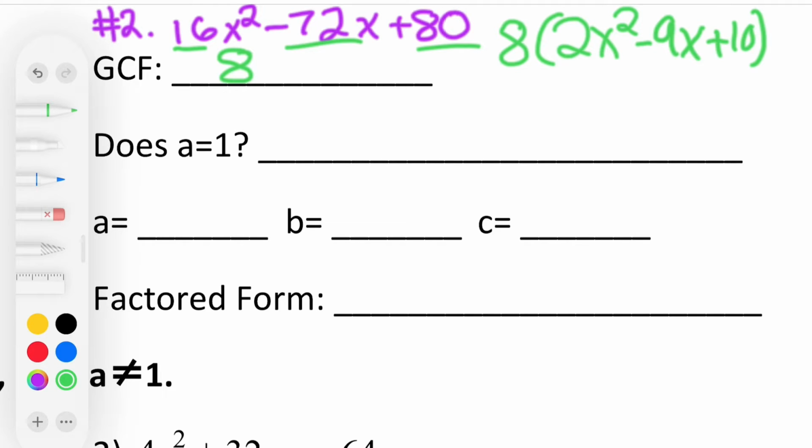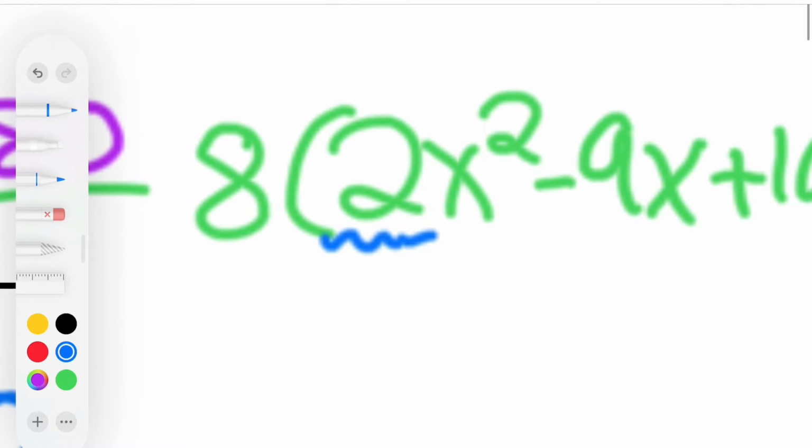Now, once we have factored out our GCF, does our A equal 1? So within our parentheses, does our A equal 1? No. What do I mean by A?